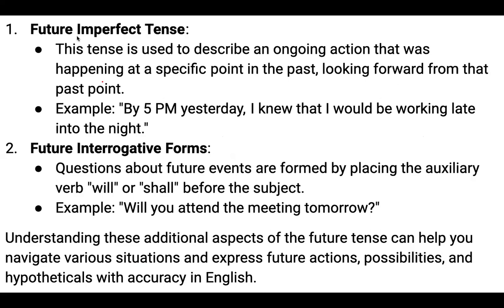We also have what is called the future imperfect tense. What is that? This tense is used to describe an ongoing action that was happening at a specific point in the past, looking forward from that past point. Example: By 5 p.m. yesterday, I knew that I would be working late into the night.